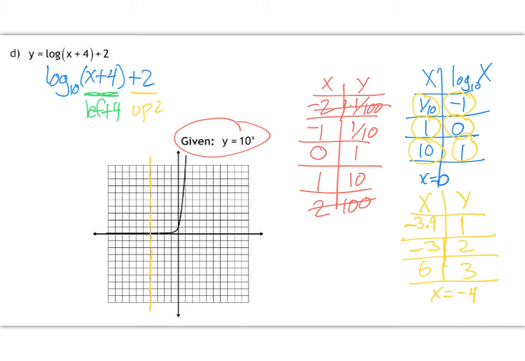That's going to squish like right there. -3, 2. And then we've got 6, 3. 1, 2, 3, 4, 5, 6. 2, 3. We end up with a really, really steep graph that turns really shallow very quickly.